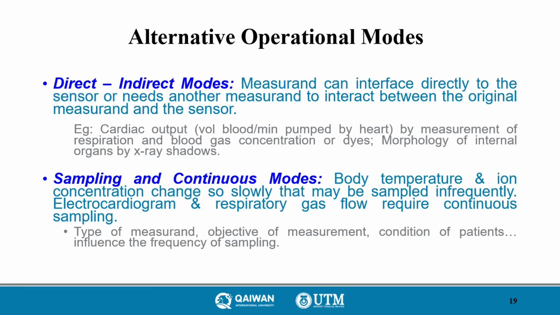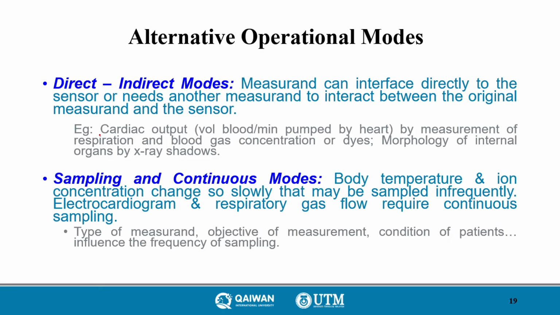The operation modes are either direct or indirect. For example, a measurement can interface directly to the sensor, or it needs another measurement to interact between the original measurement and the sensor.